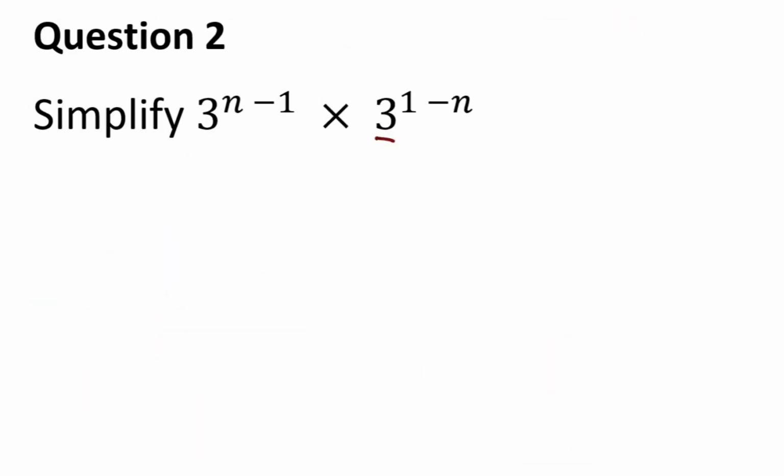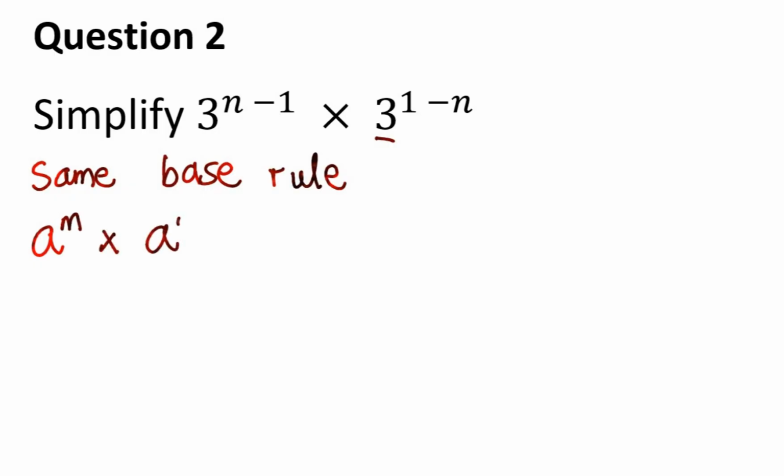Let's take a look at question 2: 3 to the power of n minus 1 times 3 to the power of 1 minus n. How do you solve a question like this? We are going to use the same base rule in indices. The rule states that if you have a to the power of m times a to the power of n, and the bases are the same with a multiplication symbol, you pick one of the bases.